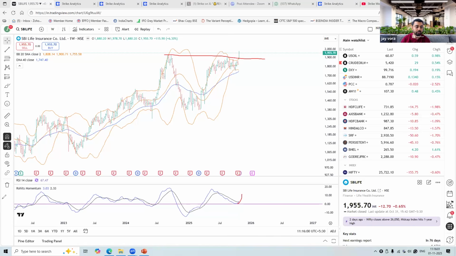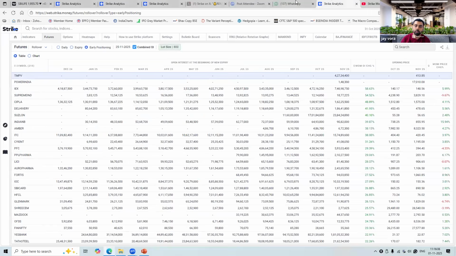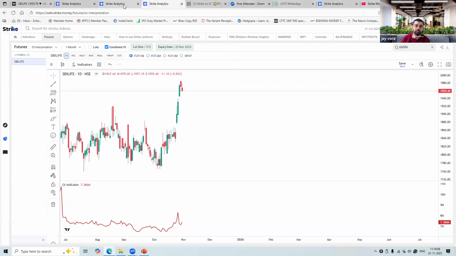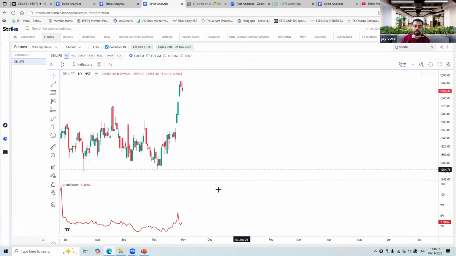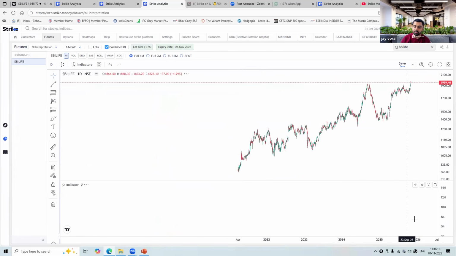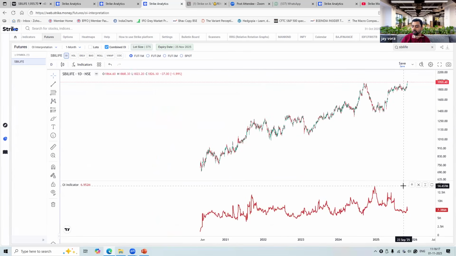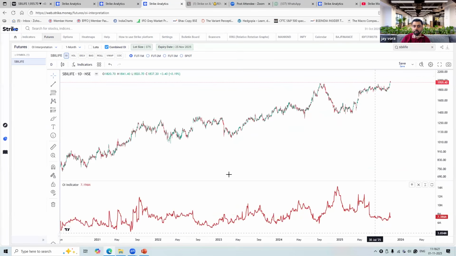When I look at the open interest, it tells me that it is still very low and it has a lot of room to go on the upside, right? Because if we see this as a range, it has a lot of room on the upside.